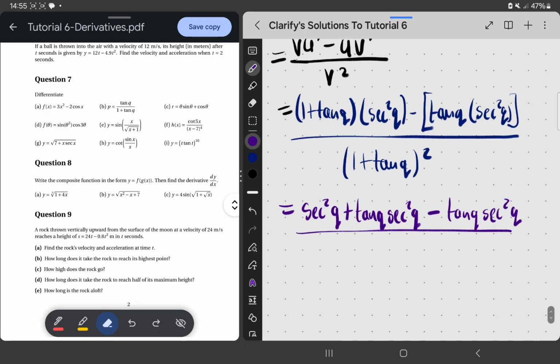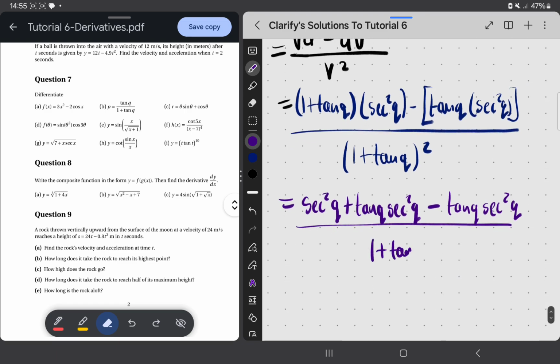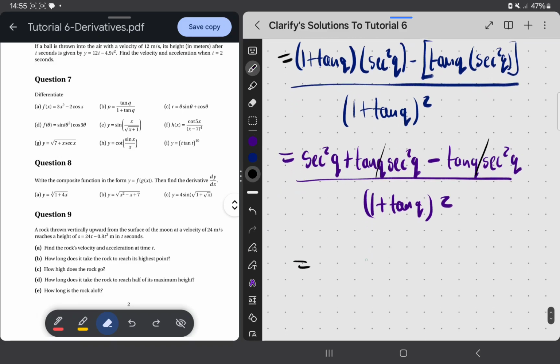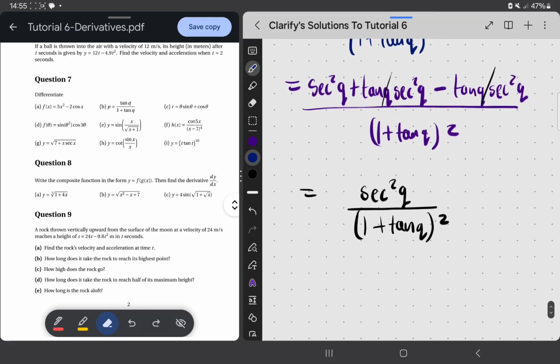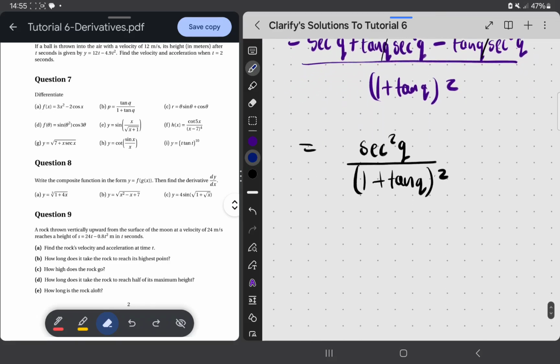And it's now all over square the bottom, 1 plus tan q all squared. And this will cancel because one is positive, the other is negative. And you remain with sec squared q over 1 plus tan q, okay, 1 plus tan q all squared. This is what you have now, okay? And you could have this as your final solution, all right?